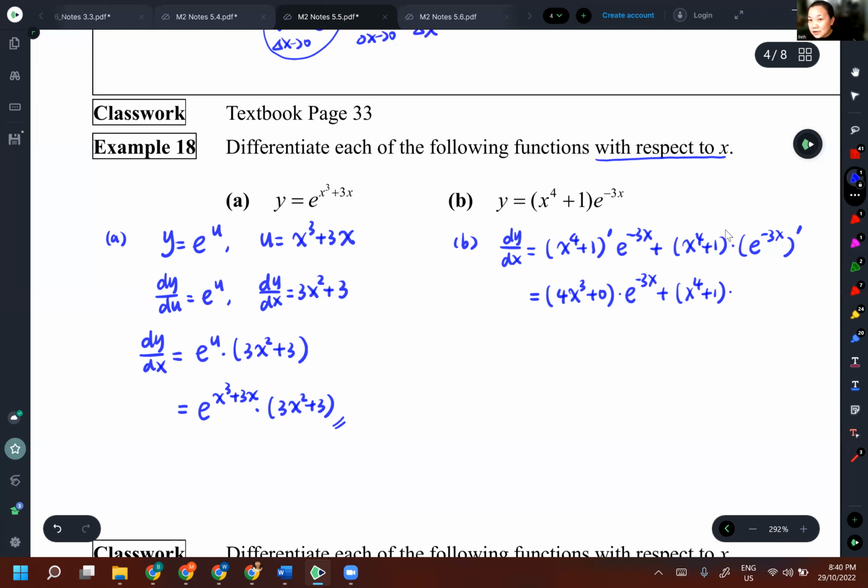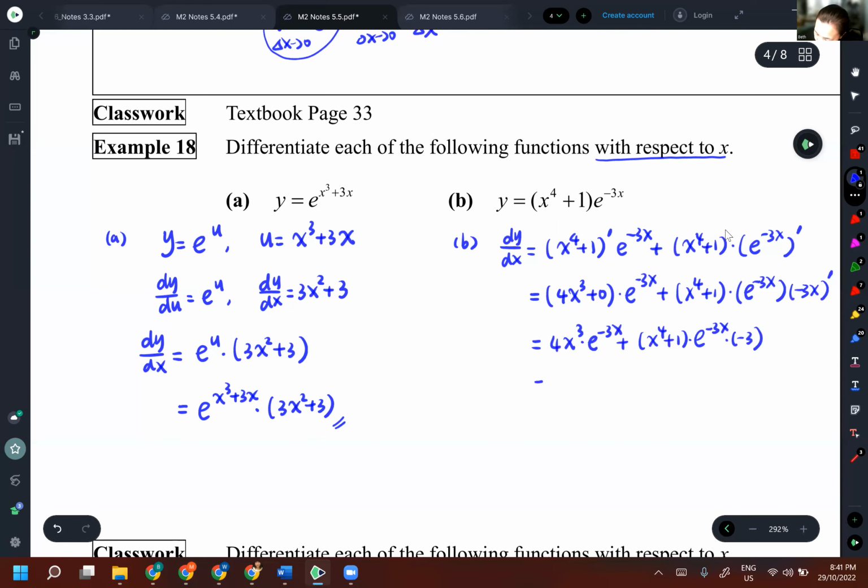For the second differentiation, it's not a simple exponential, it's a composite exponential. So it's dy/du and then du/dx. So it's 4x cubed e to the negative 3x plus (x^4 plus 1) e to the negative 3x times negative 3.